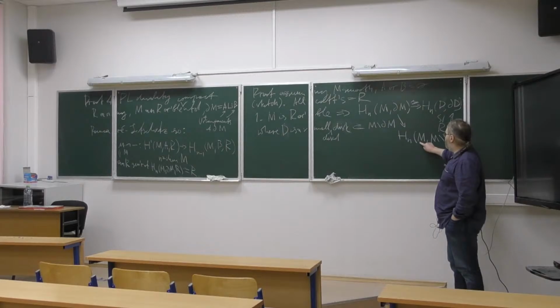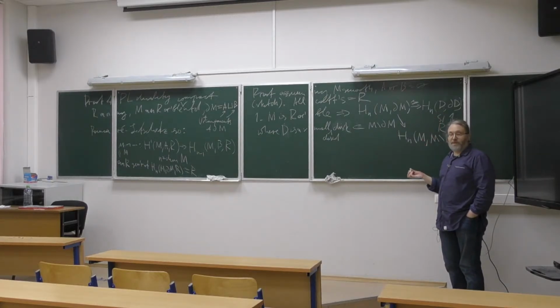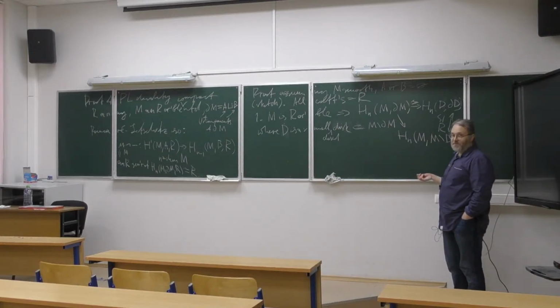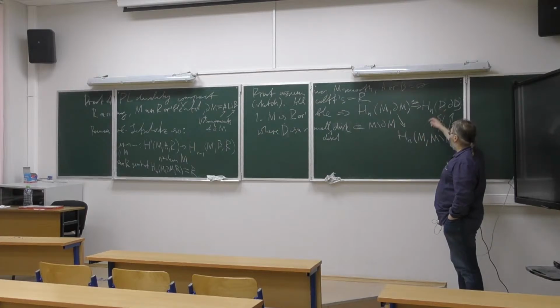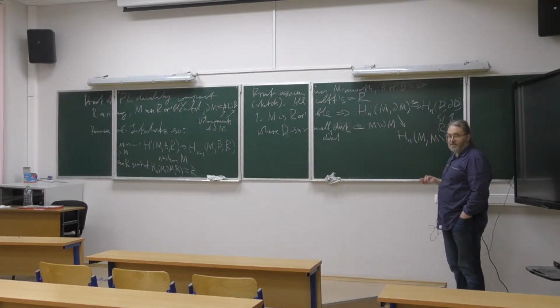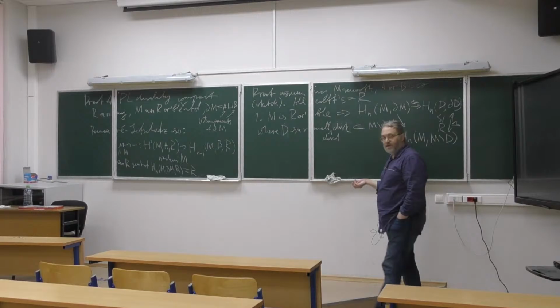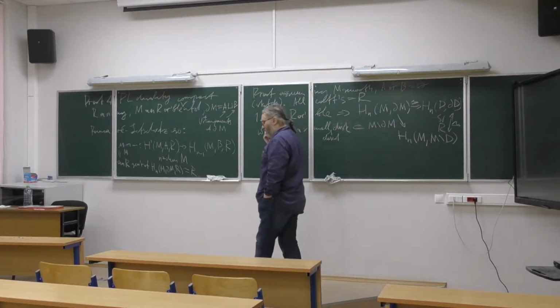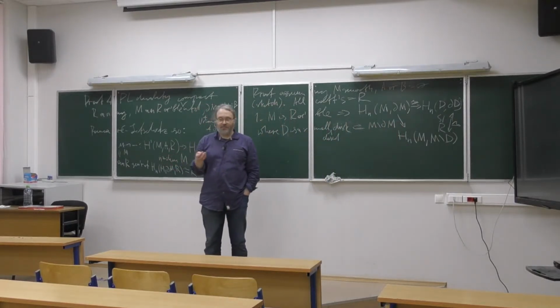If I want to obtain D from M, what do I have to cut away? M minus D. Yes, I cut away M minus D, but D is closed. M minus D is open.